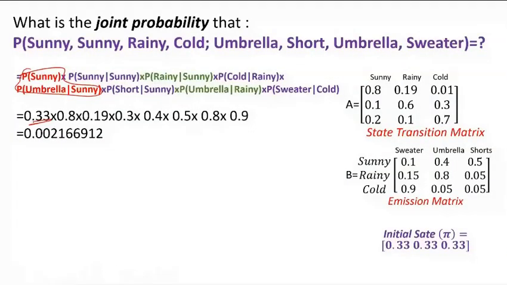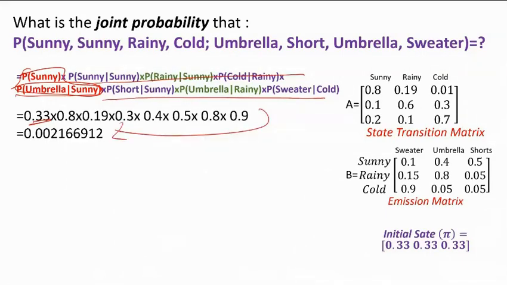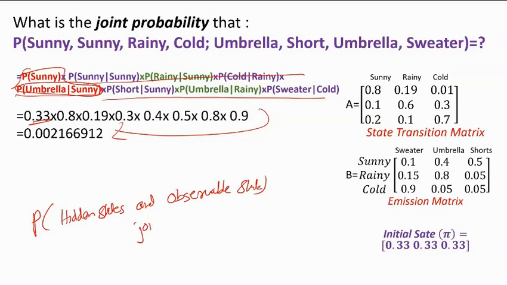So you take the probability of sunny times the probability of umbrella given sunny. You go to the table, check those values, and keep writing all the probabilities one by one. Just take the multiplication, and that gives you the probability of hidden states and observable states. Remember, this is a joint probability. I am saying 'and'.